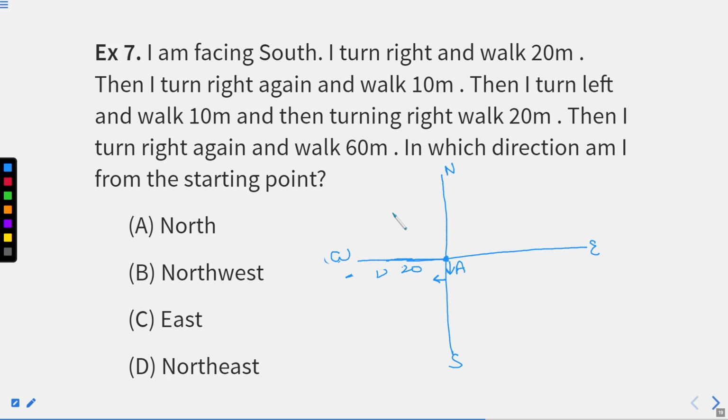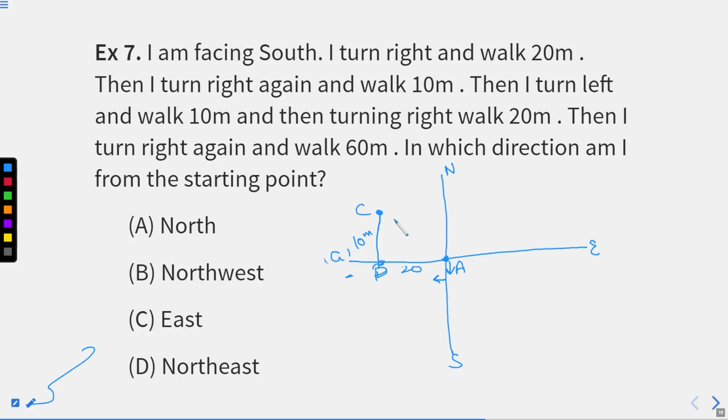Now, he is here at point B. So from point B, if he takes a right turn, he will start moving in this direction where he'll walk 10 meters, right? So this point we called C. This point is B, right?